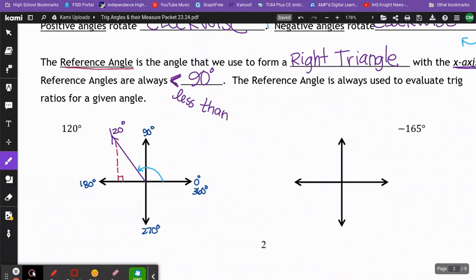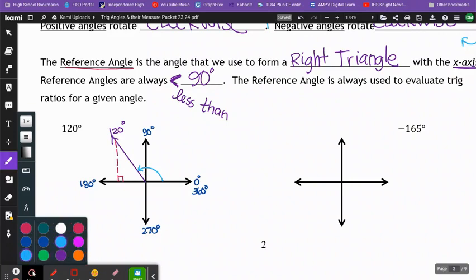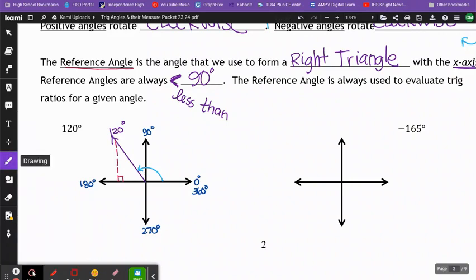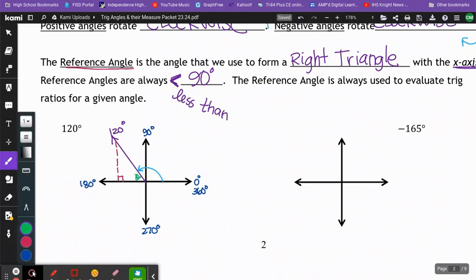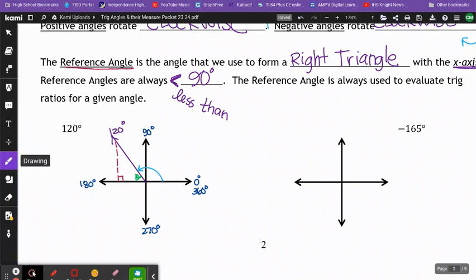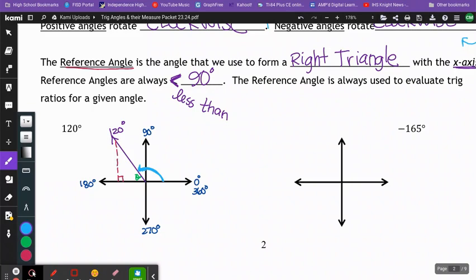So here's the right triangle I'm going to use. Theta is my reference angle, and it is this angle inside here. So the 120 degree angle that I drew is from here to here. This is measuring 120 degrees. However, my theta has to be touching the x-axis. My reference angle has to touch the x-axis always. So the reference angle is going to be this one here.